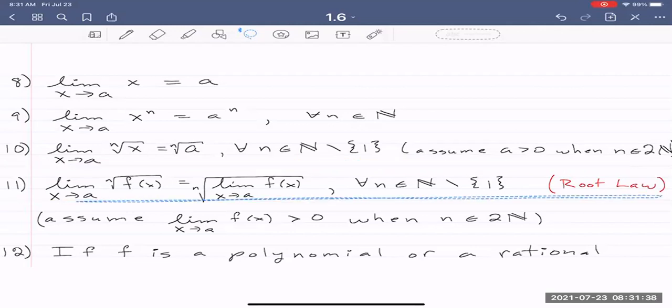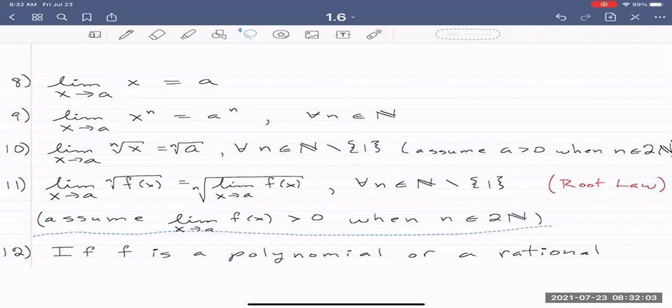11. The limit as x approaches a of the nth root of f of x is equal to the nth root of the limit as x approaches a of f of x for all natural number exponents n not equal to 1. We'll call this the root law.